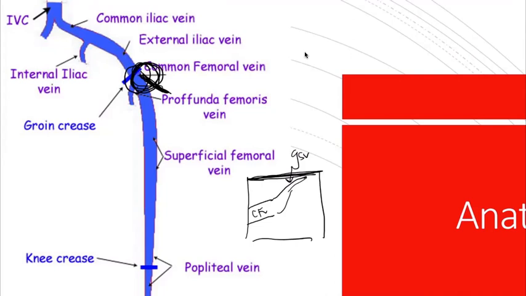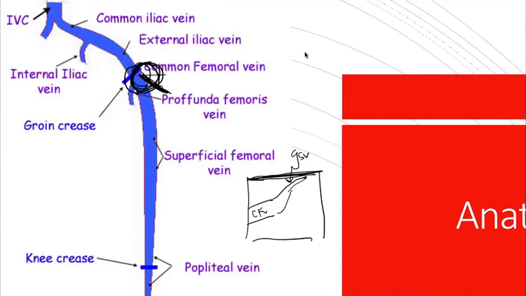Within a few centimeters of the saphofemoral junction, the common femoral vein branches into the femoral vein and the deep femoral vein. So where it says branches into the femoral vein, they're talking about the superficial femoral vein.